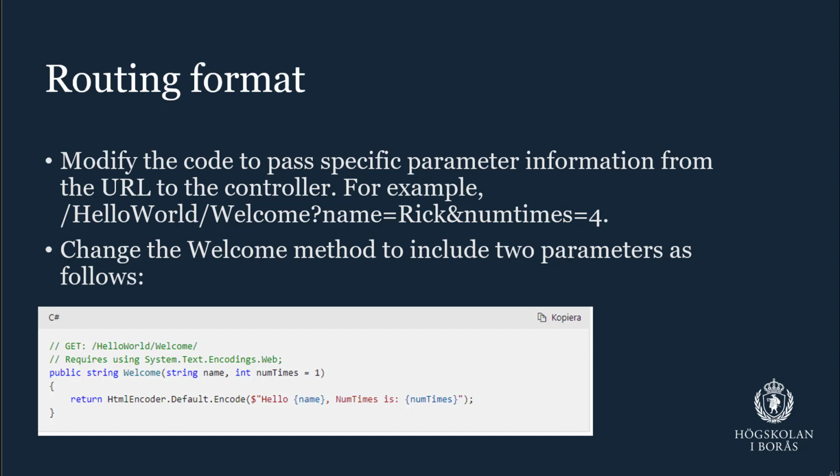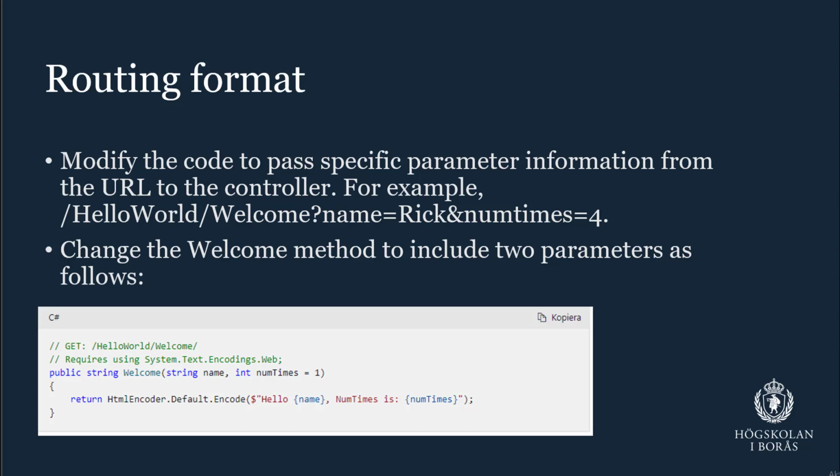So in our URL, let's type in helloworld/welcome?name=Rick&numTimes=4. But before doing this, let's update the welcome method to include two parameters as follows.